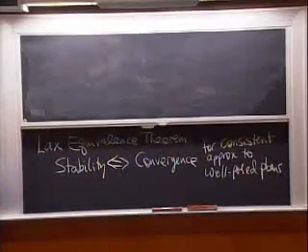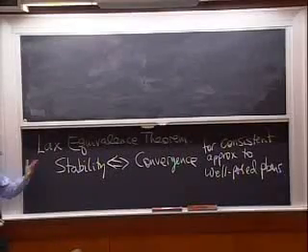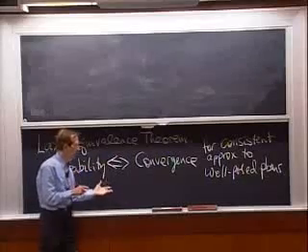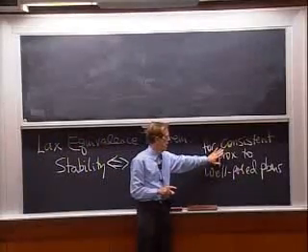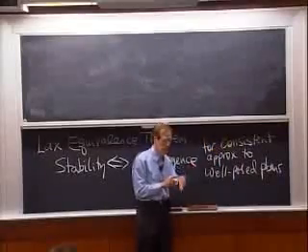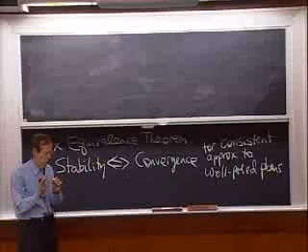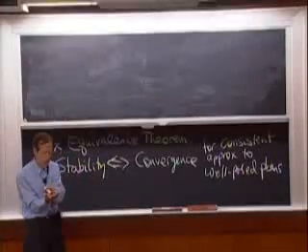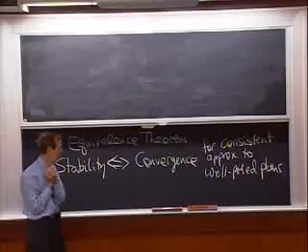Okay. Well, I've got 4 key words on the board. Stability, we kind of know what that means. Convergence. These are the new words. So consistent means that the method is at least first order, that the difference equation approaches the differential equation in a single step.